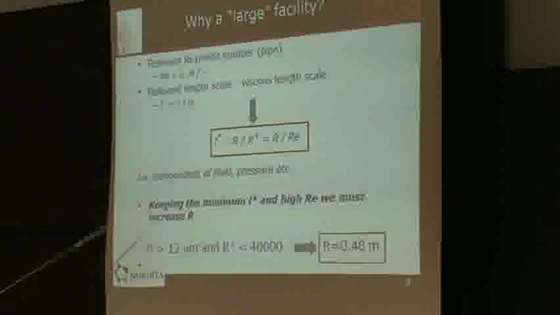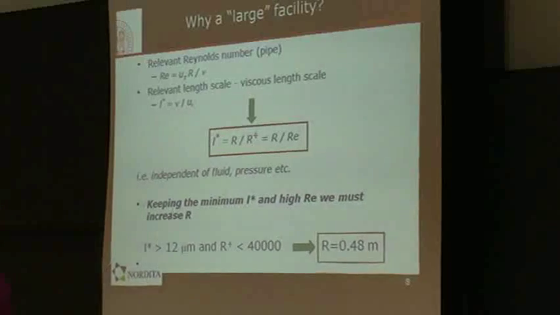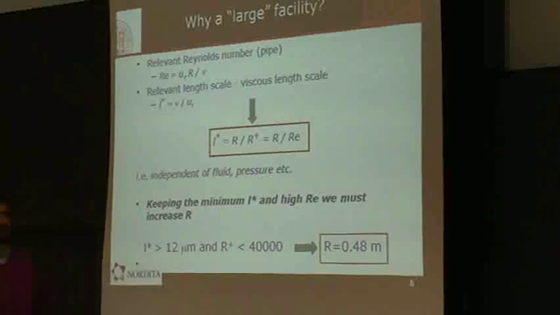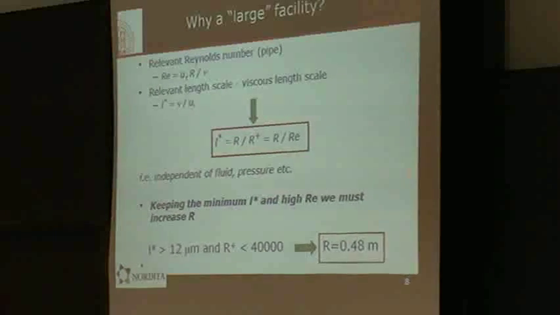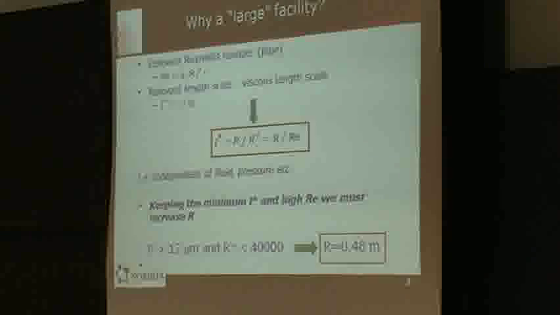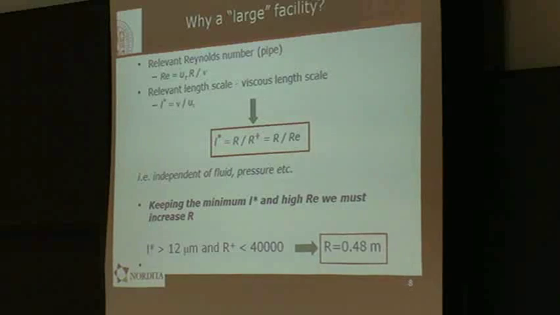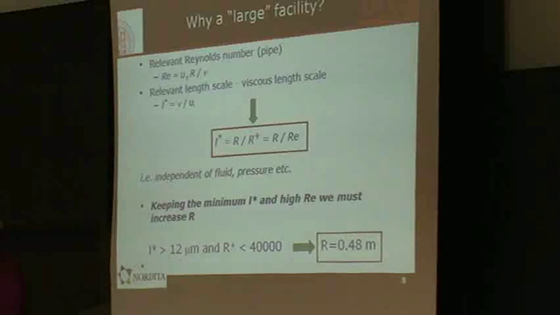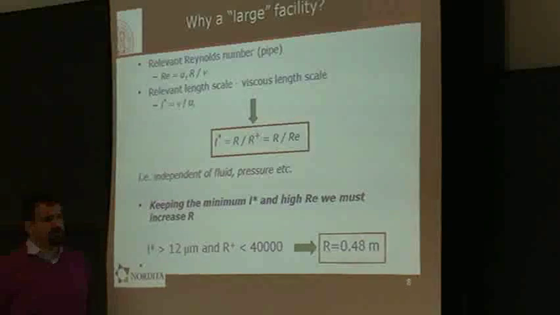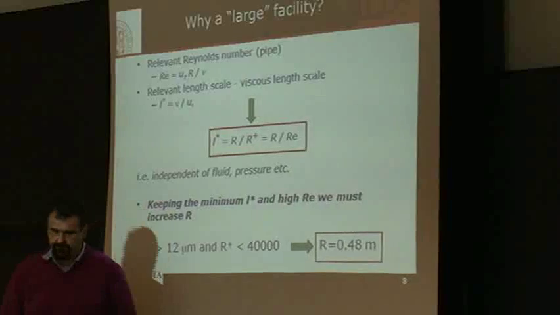Then, if we want to keep L plus more than a certain number, and if we want to go up to a certain Reynolds number, we can see from here that we can only play with the physical dimension of the facility, with the radius. So, if we plug in our numbers, L plus should be more than 12, R plus 40,000, we end up with a pipe which has a radius of 0.48 meters.